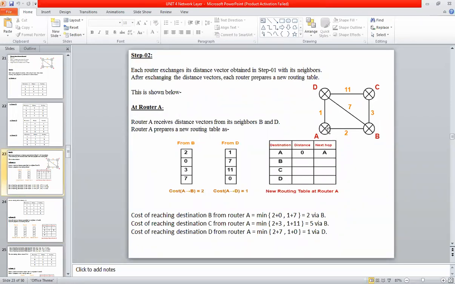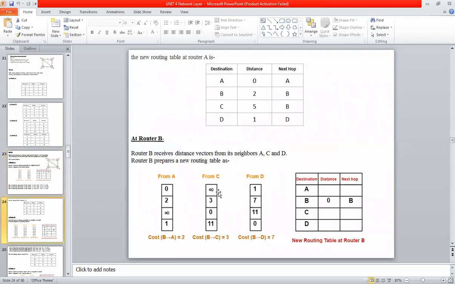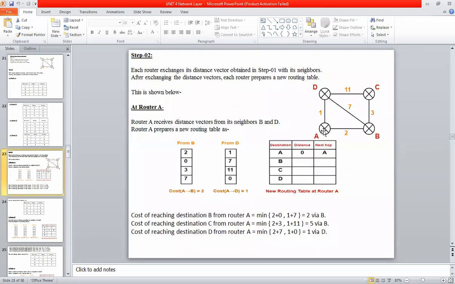For A, from A to B is 2. From A to D, D to B, 1 plus 7, that is 8. And to reach from C, so this is what the table. See, 0 from A, from A, that is what?